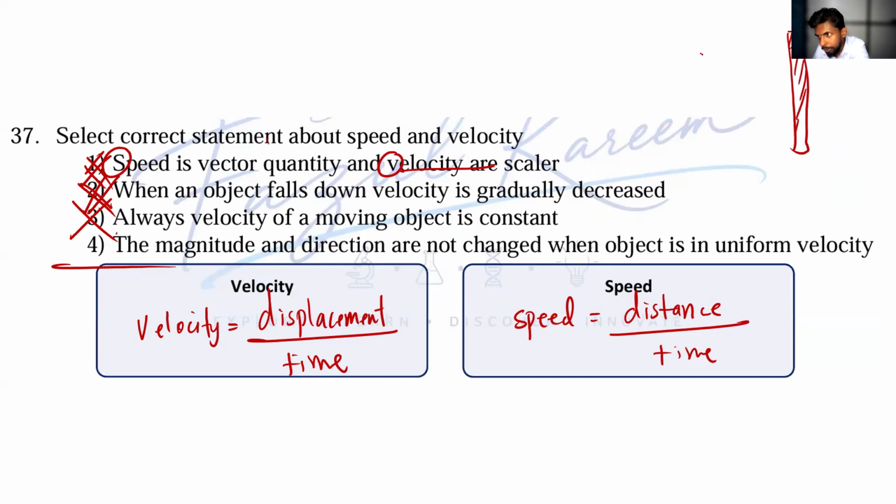Say a ball is moving with the velocity of 40 m s^-1. And what will happen? It will be facing the wall and it will bounce back.